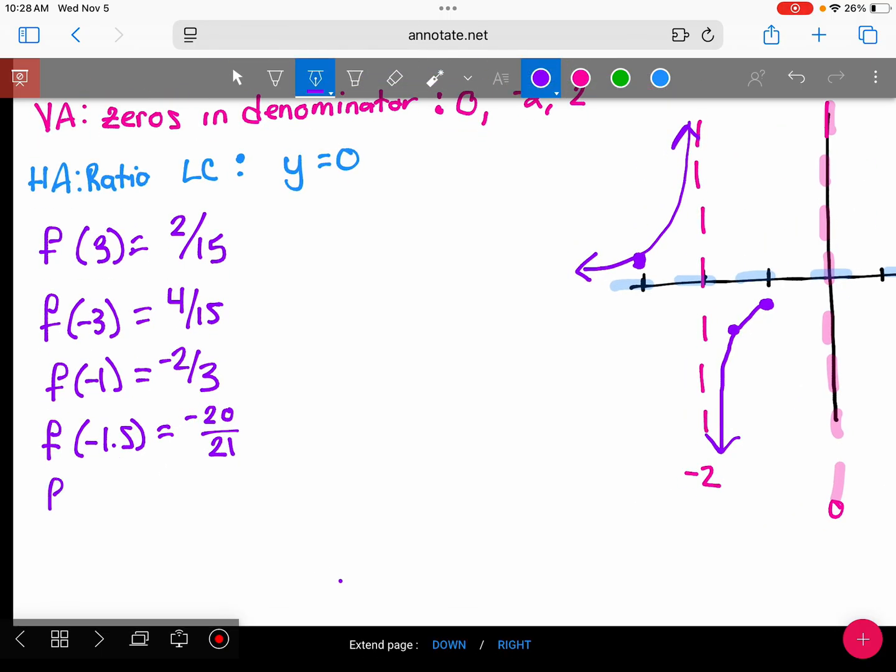So if we have points that we don't know, just keep testing them. -1/2 or -0.5. I think we should get -4/5.